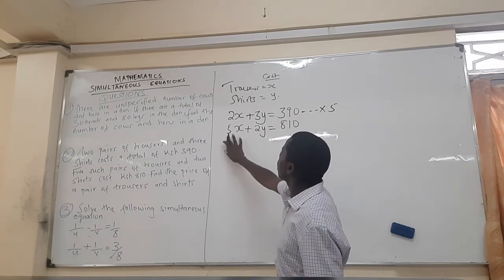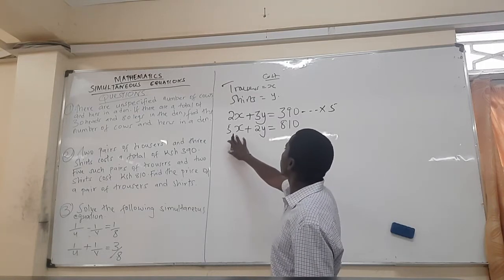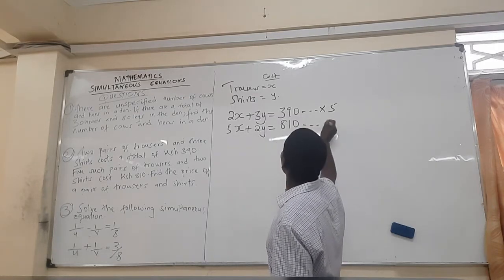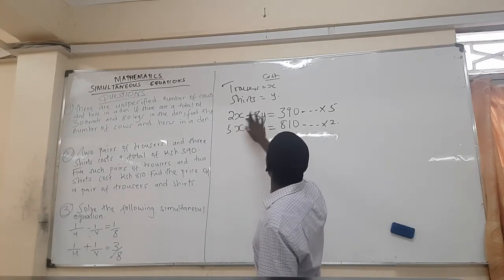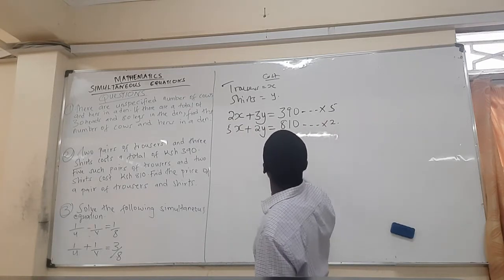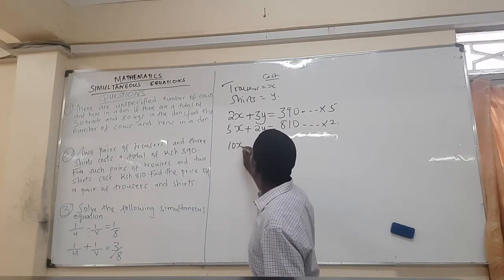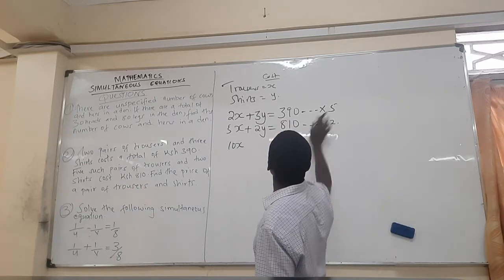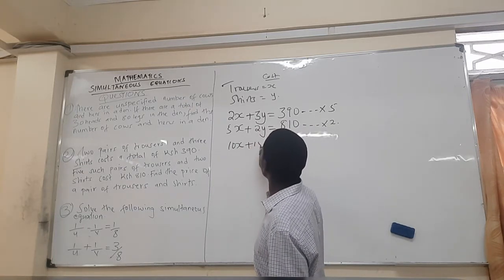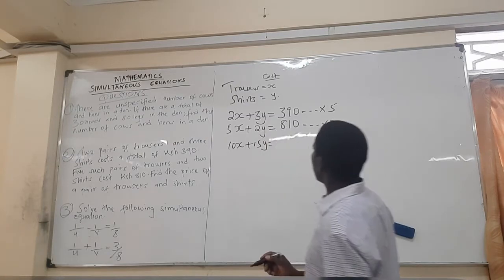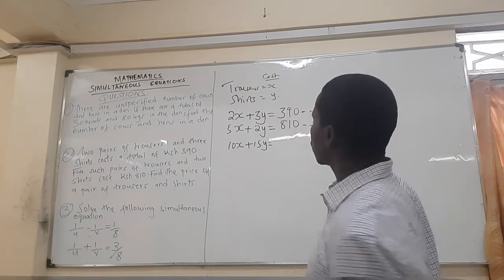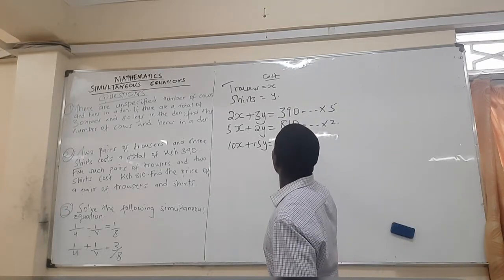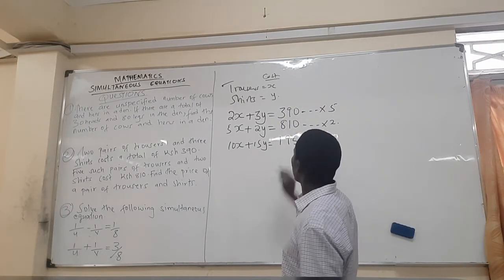And then for us to have 5x, this value here being 10, everything we multiply by 2. So we're going to have 2x times 5, that is 10x. 3y times 5, that one is 15y. And then 390 times 5 is going to give us 1950.